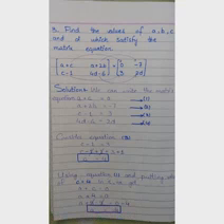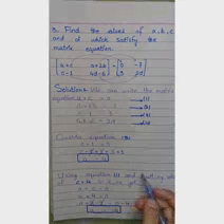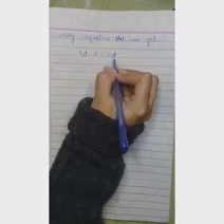Now we highlight it and we can use it in the other equation, using equation 4. We get 4d minus 6 equals to 2d. So now we can take 4d on the other side with d, so we can solve it easily.